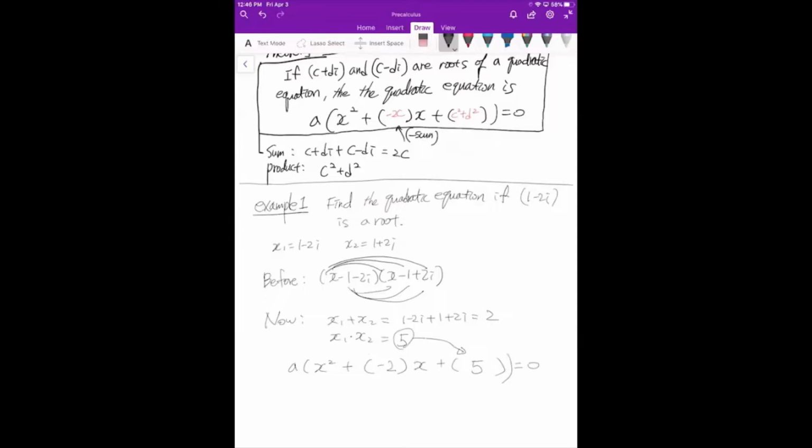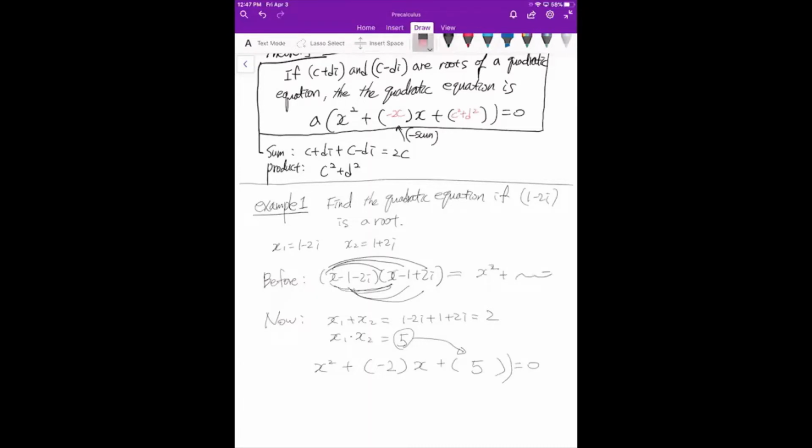Is it okay? So what can you say about A? Do you know what A is here? If you expand here, you can kind of guess. I'm not going to expand all, but you know that x squared is the leading term, so you know that it's going to be only 1.